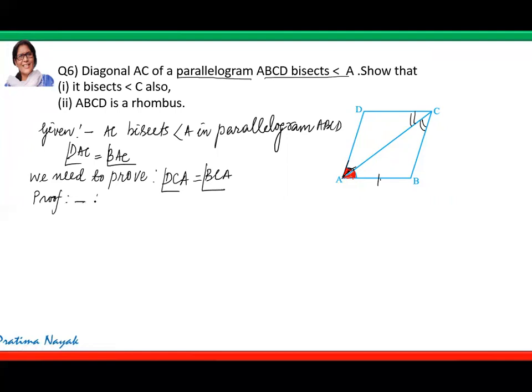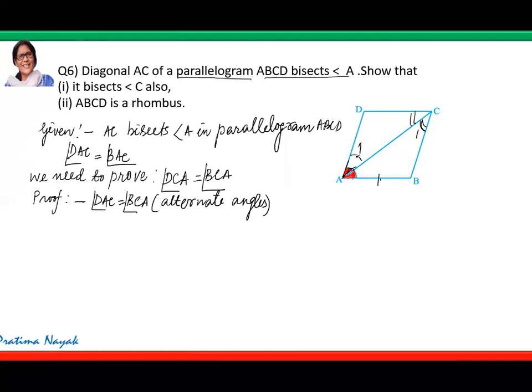Now, angle DAC is equal to angle BCA. Why? Pair of alternate angles. Here, for rough, I am writing so that you will understand it better.